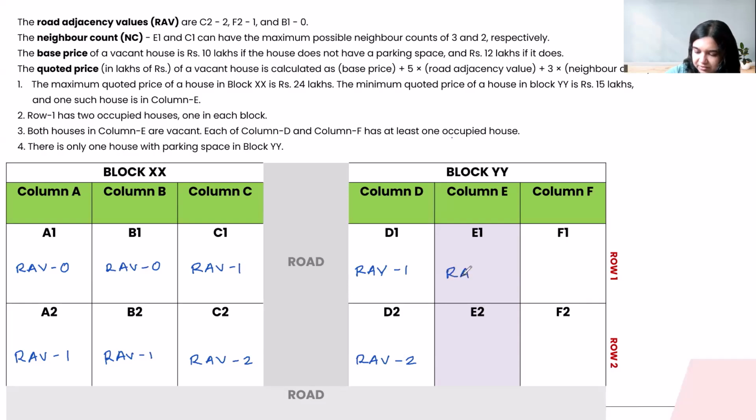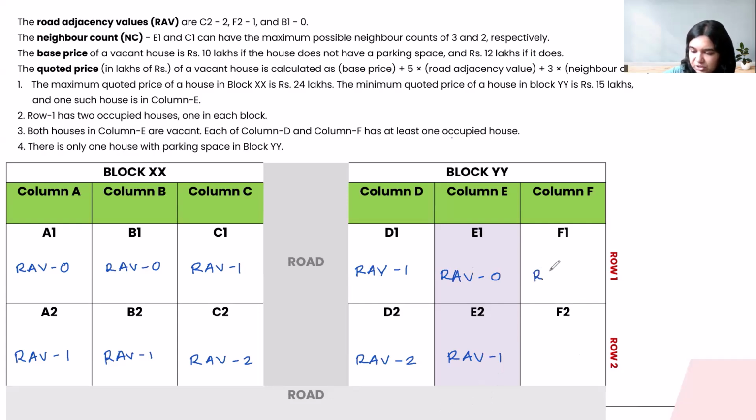For E1, the RAV will be 0. For E2, the RAV will be 1 because the horizontal road is adjacent to E2.